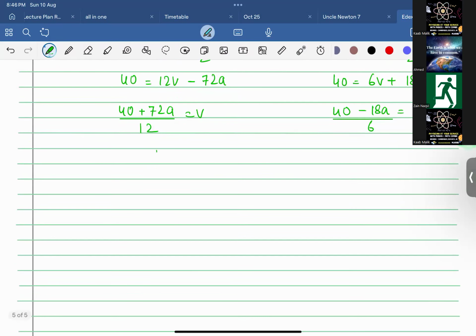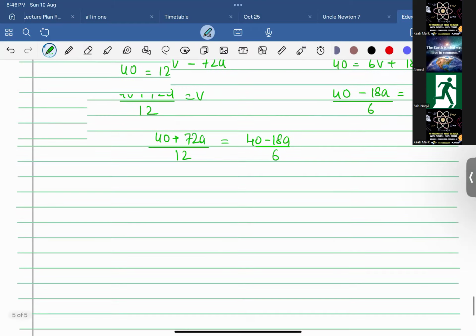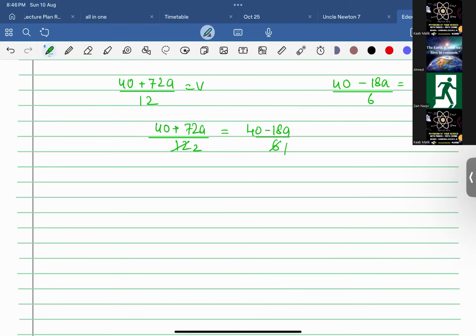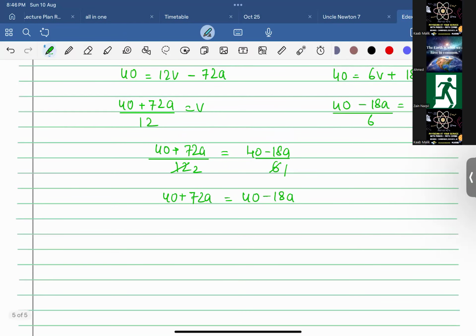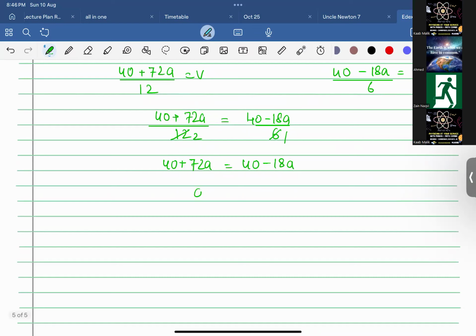So 40 plus 72a divided by 12 is equal to 40 minus 18a over 6. 6 ones are 6, 6 twos are 12. Then it'll be 40 plus 72a is equal to 40 minus 18a. So I got 0.37. Yes, that's the answer.